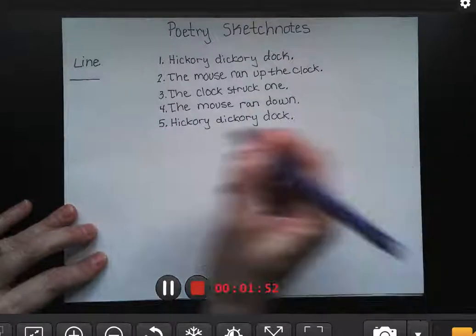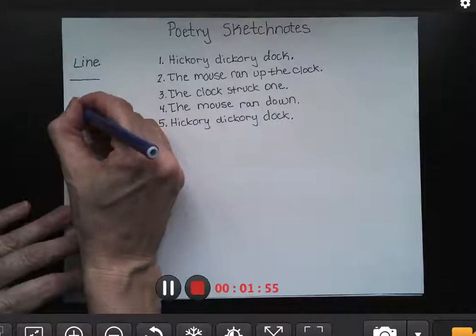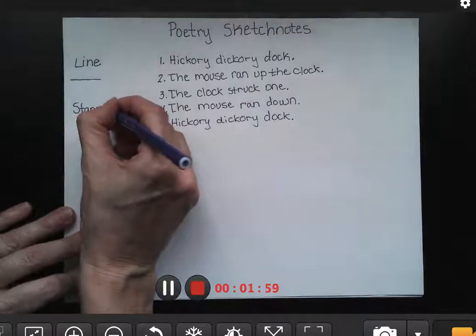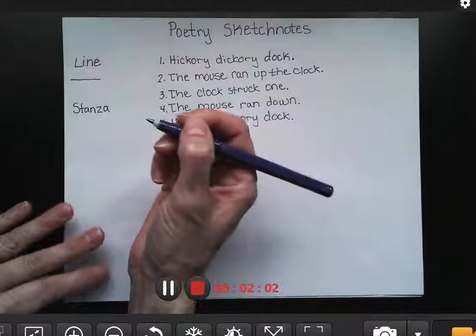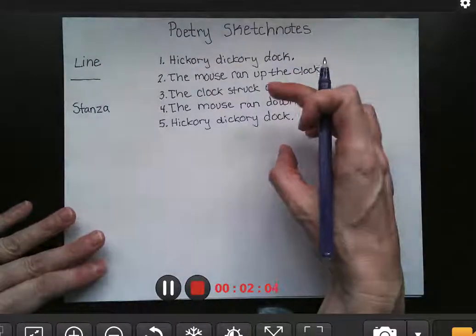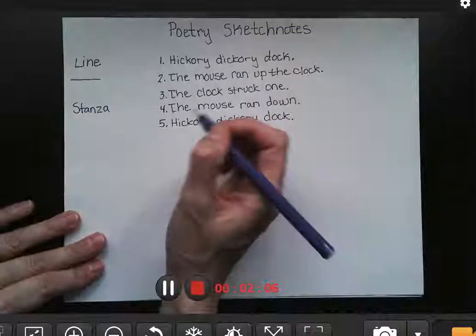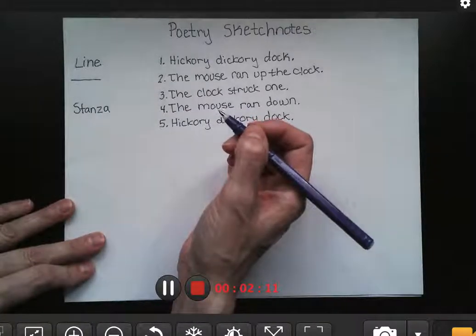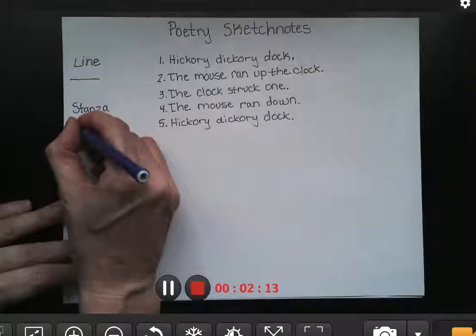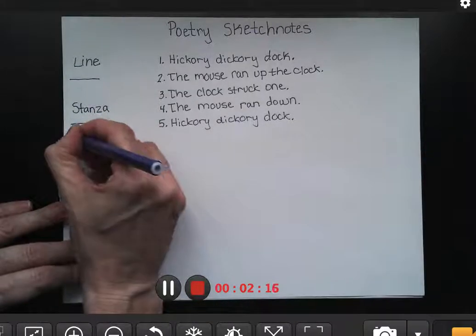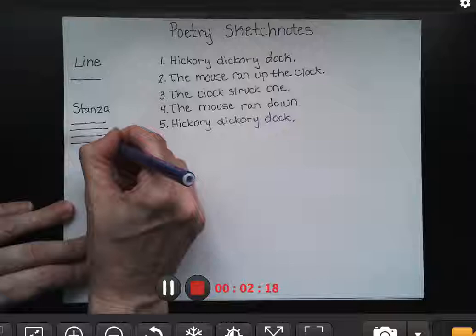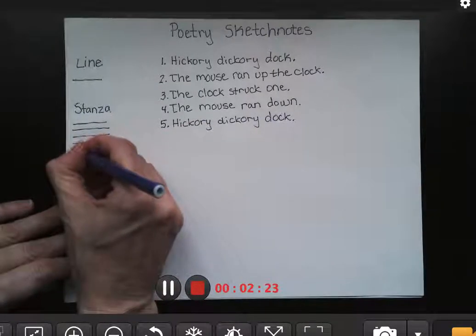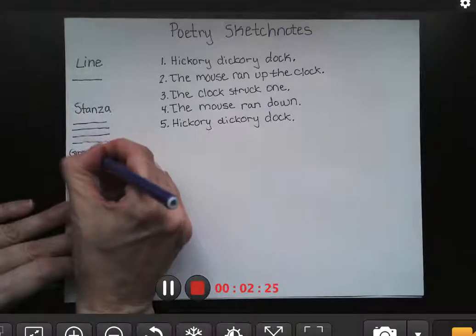We call that a stanza. A stanza is a group of lines that are paired together, that are separated from the rest of the poem. So a stanza is a division that contains a certain number of lines. So a stanza has more than one line. Generally, it has about 2 to 4 lines. So this is a group of lines.